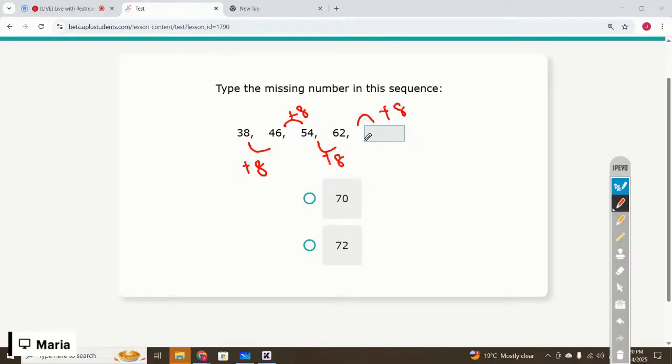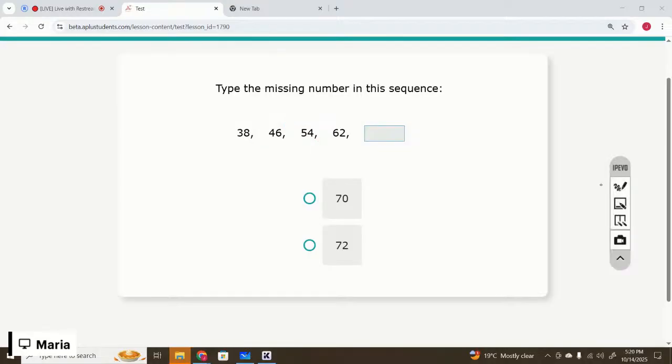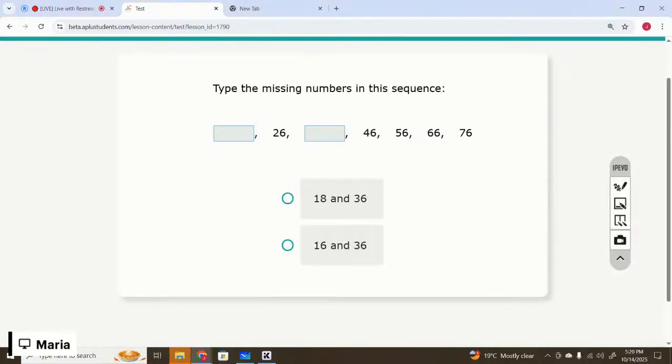And 62 plus 8 is that is 70. Option 1 is the correct option.